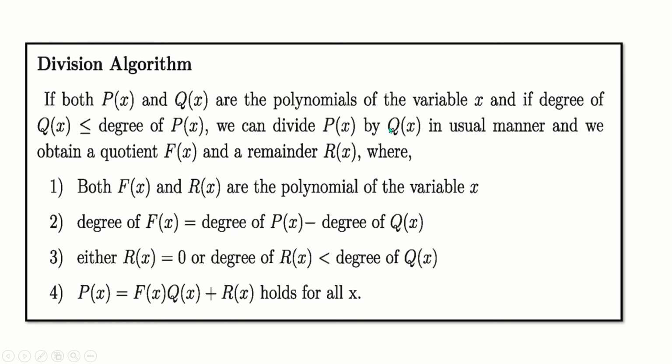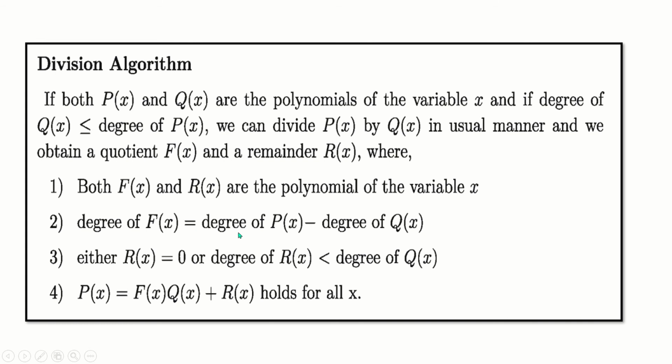As we divide p of x by q of x, p of x is the dividend, q of x is the divisor, f of x is the quotient, and r of x is the remainder. Clear? Both f of x and r of x are polynomials of the variable x, that means quotient and remainder are both polynomials in this condition.